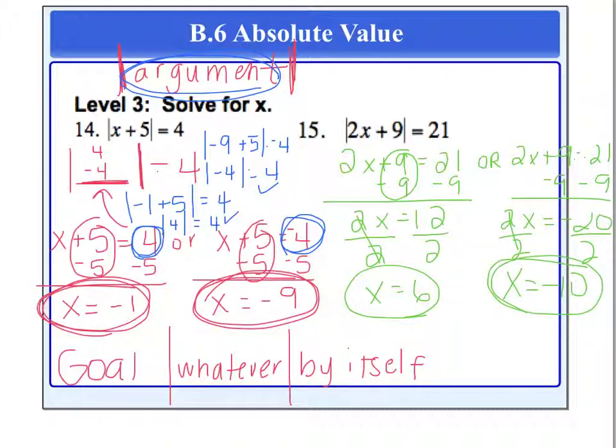So I could have 2 times 6 plus 9, take the absolute value, so I could have 12 plus 9, absolute value, which is the absolute value of 21, which is 21. It works. Or I could say negative 10. 2 times negative 10 plus 9 equals 21. So I could say negative 20.